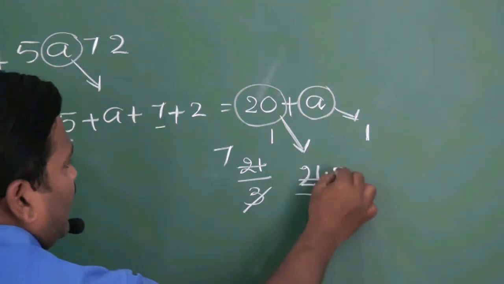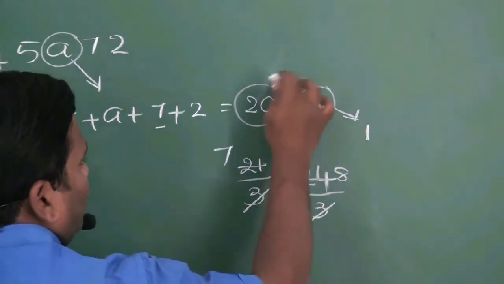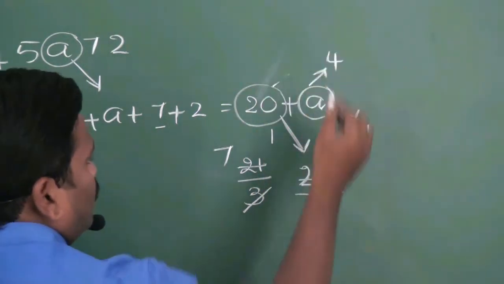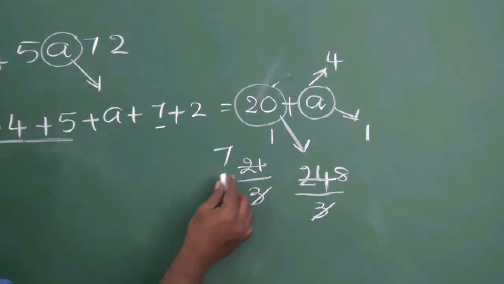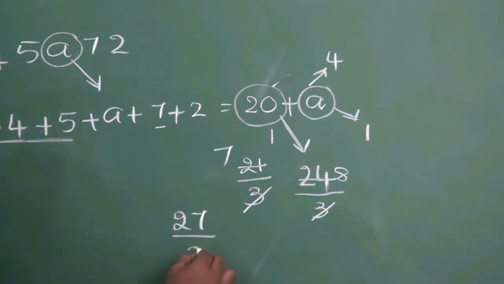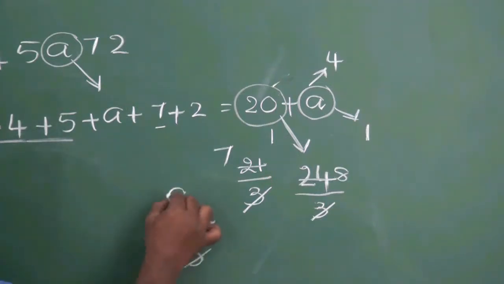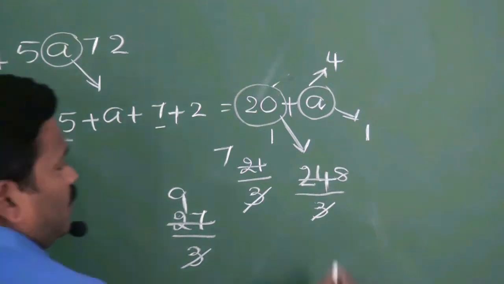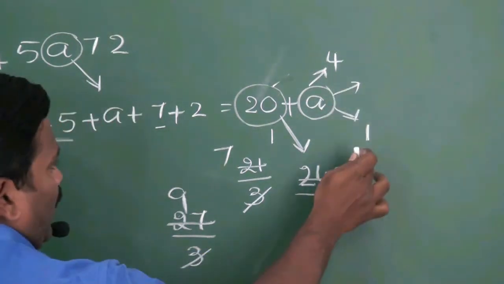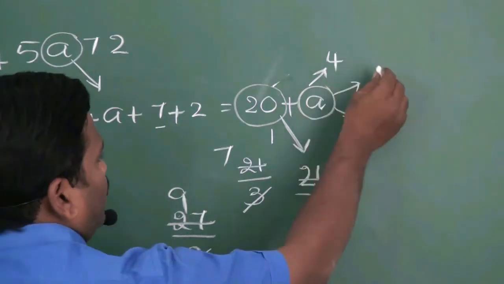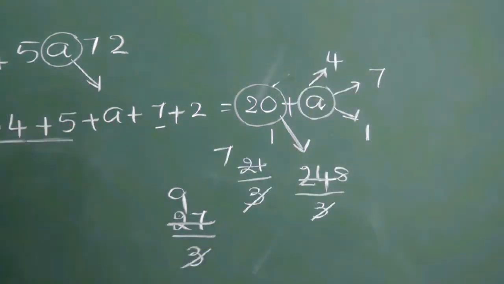So A may be 4. If you add 7, it is also divisible by 3. Therefore, the possible values of A are either 1, 4 or 7.